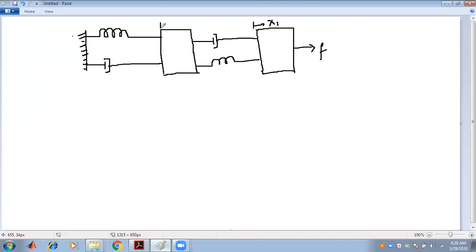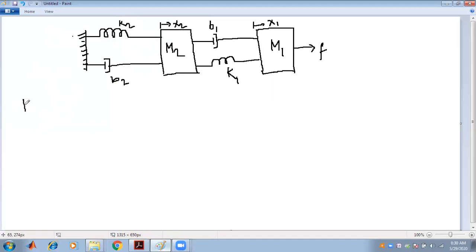Displacement is x1, displacement is x2. Force F, this is K1, this is M1, this is M2, B2, this is K2.